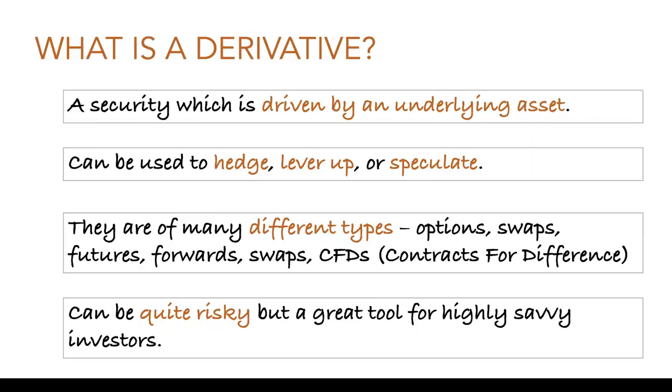A derivative is a security whose underlying asset dictates its pricing, risk, and basic term structure. Investors use derivatives to hedge a position, increase leverage, or speculate on an asset's movement. Derivatives can be purchased or sold over the counter or on an exchange.